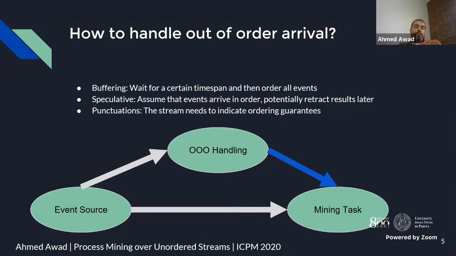Only in the case of observing an out-of-order arrival does it have to retract or undo, sending corrections downstream to the next operator. The last one is punctuations, a special case which assumes there are some ordering guarantees in the underlying stream. In the rest of this talk, I will talk about the buffering and speculative techniques, as they are generic enough to employ.